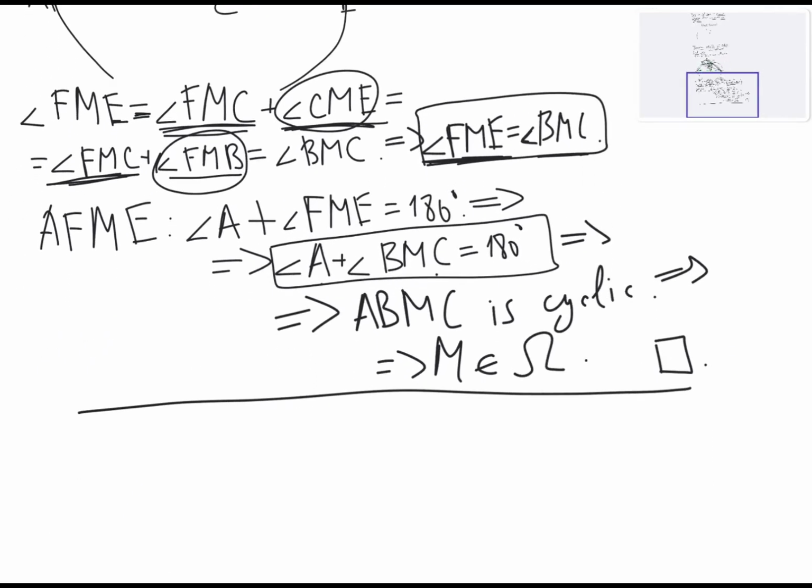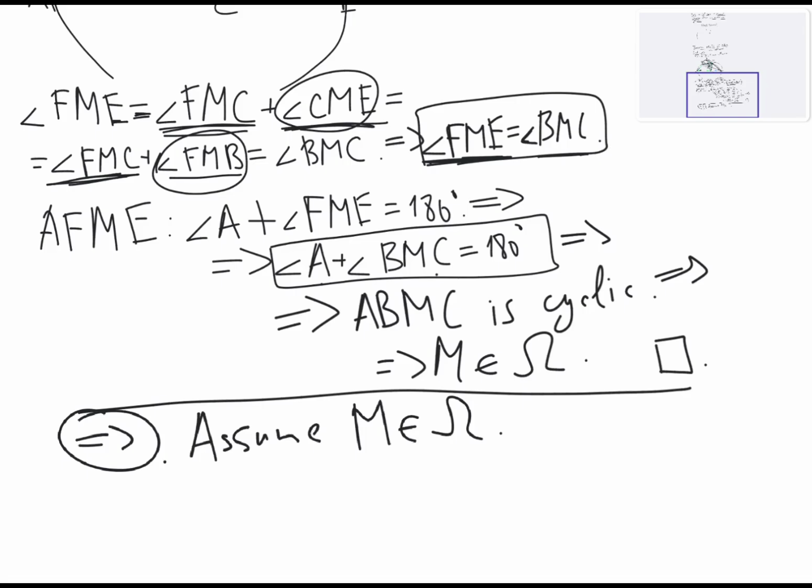And the converse statement, we now assume that M lies on the circumcircle, and we need to prove that the points D, E, F are collinear.